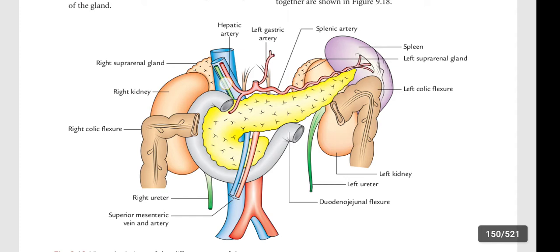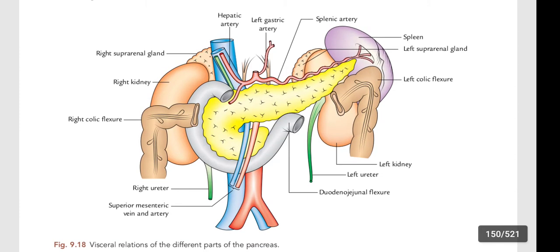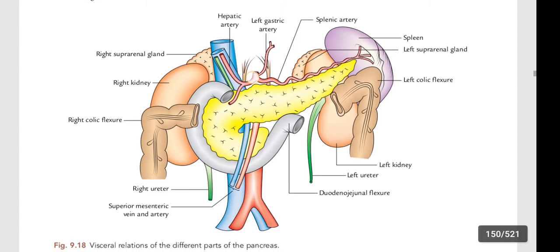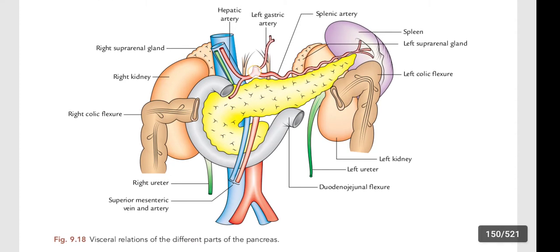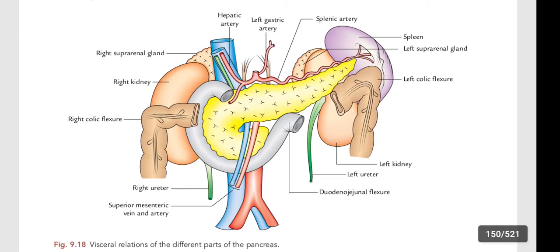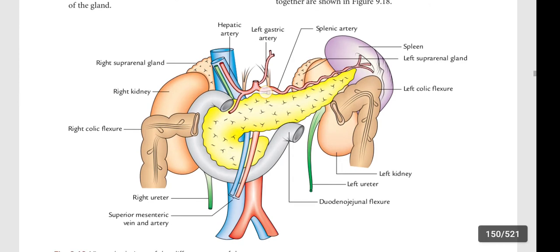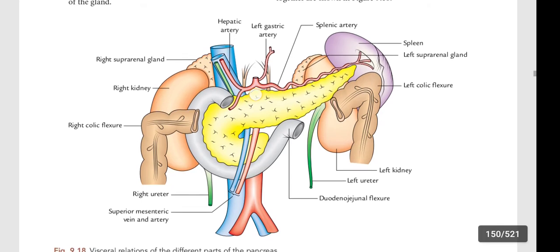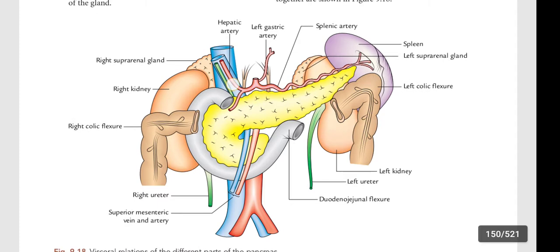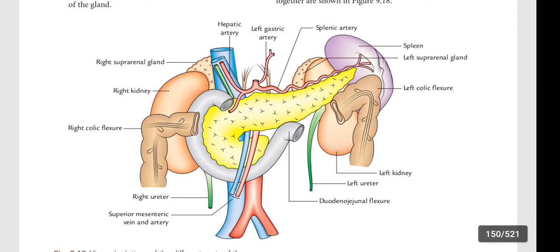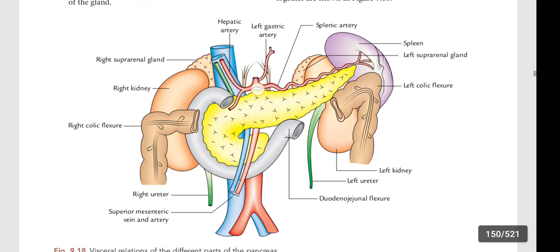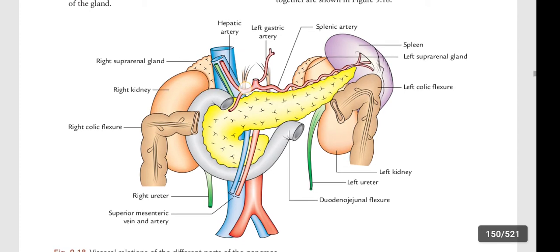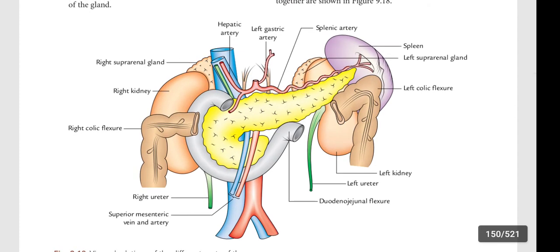And this is the celiac trunk. It is present at the superior surface of the tuber omentale. It divides into two parts, the hepatic artery and the splenic artery.